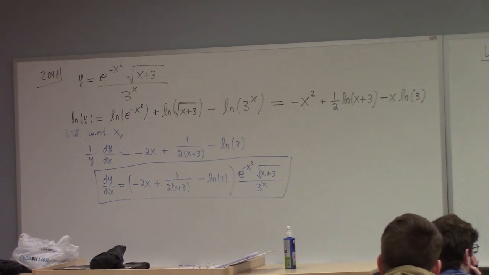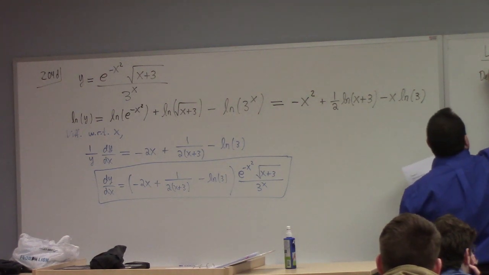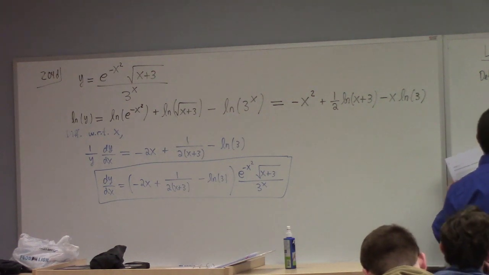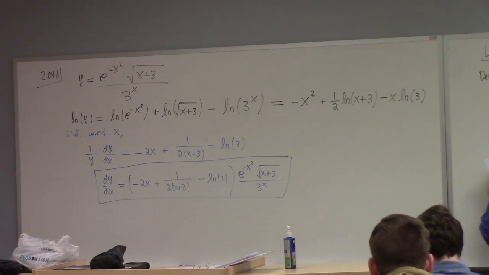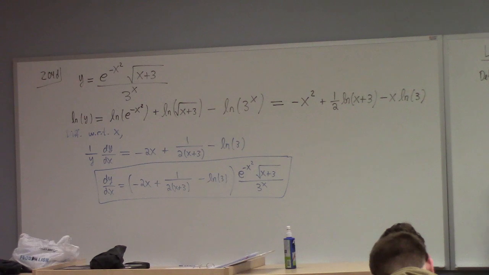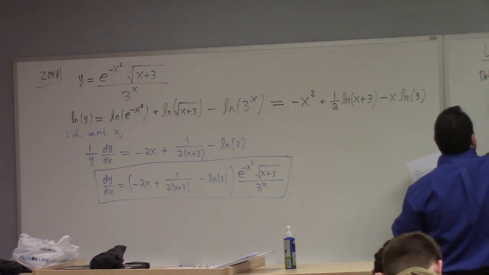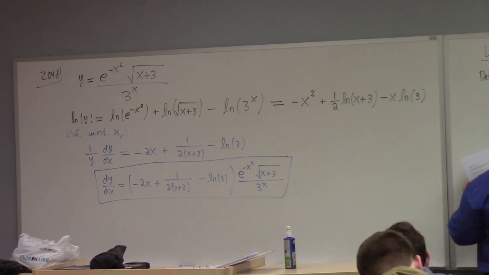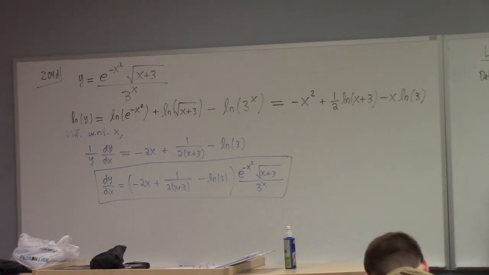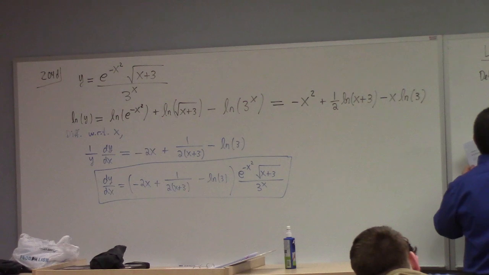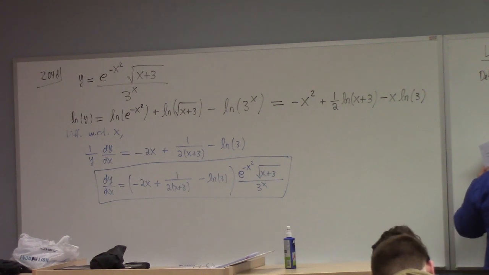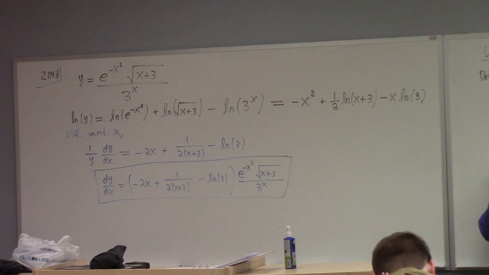And so here's the definition. If f is a function with f differentiable at x equals a, then the linearization of f at a, here's my notation, L sub f upper a of x, is by definition equal to f of a plus f prime of a times x minus a.